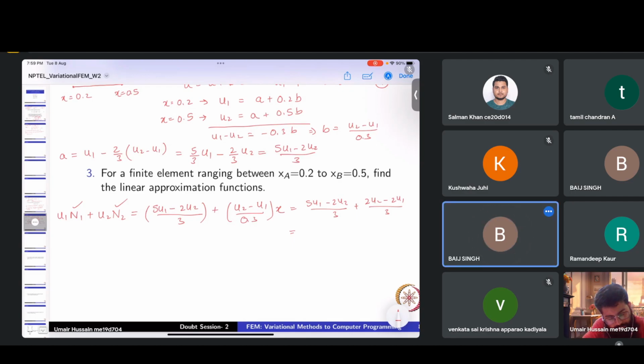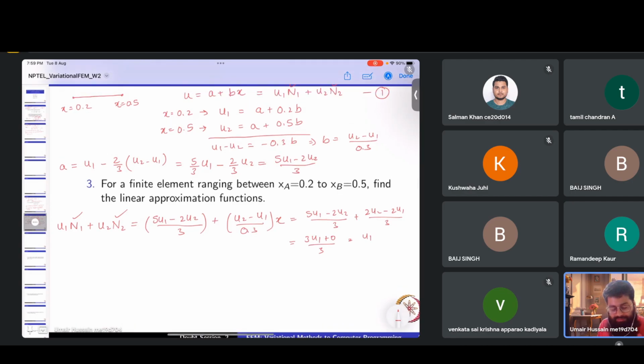First equation: 5 u1 minus 2 u1 would be 3 u1, minus 2 u2 plus 2 u2 becomes 0. So we'll get u1 n1 plus u2 n2 equals u1. I think we'll get back to our original equation 1, isn't it? So since we've used this condition already, I don't think using it again in this equation would help us.